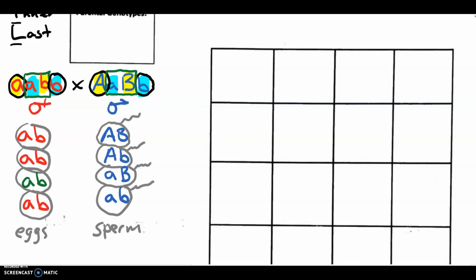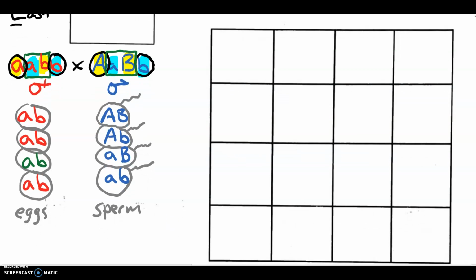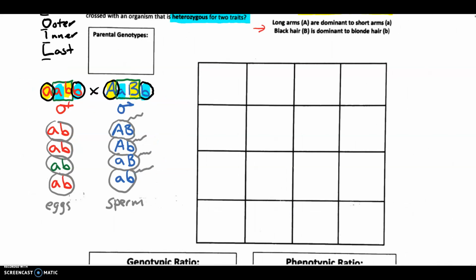What we are using a Punnett square for is to determine all of the possible combinations that these sperm here can make with these eggs over here. That's why Punnett squares are helpful. So we're going to go ahead and rewrite then the sperm sex cells on top.